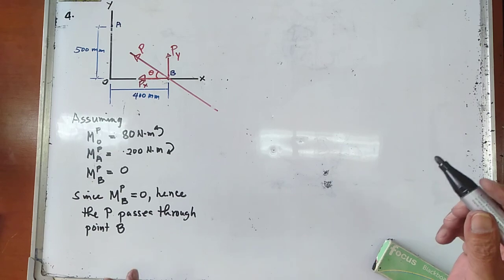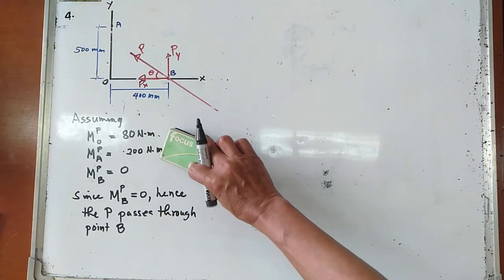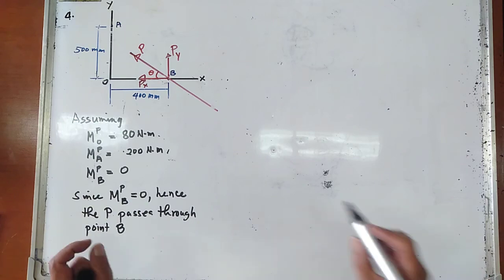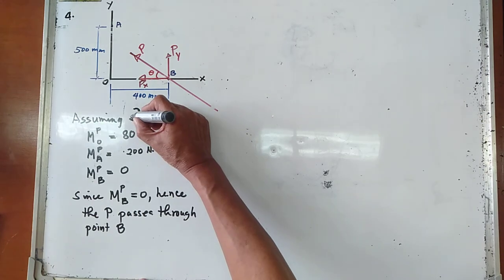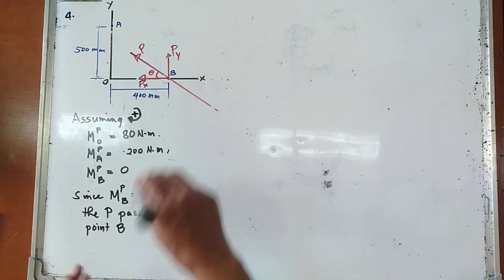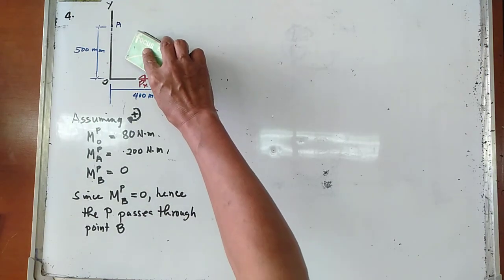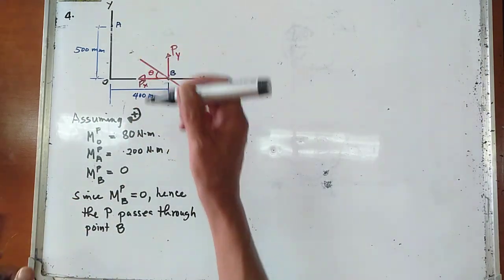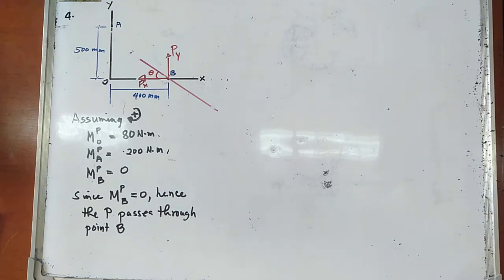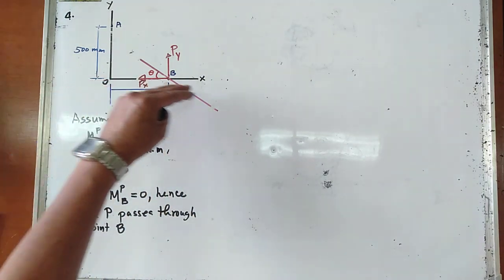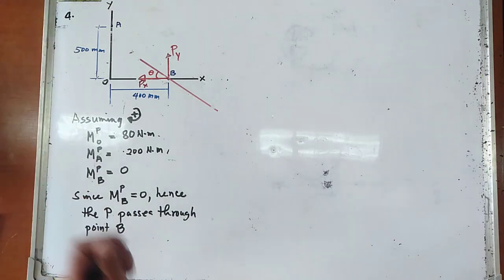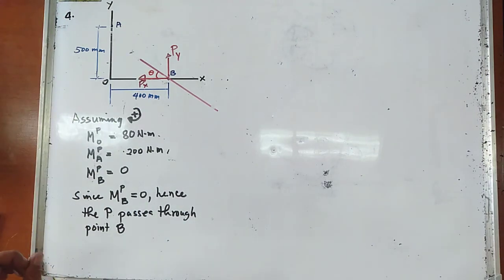Okay, now at this time, let us try to assume clockwise moment as positive. So again, let us try to resolve the component of this force along the x-axis and along the y-axis. The moment of the force P about point O is 80 newton meters.